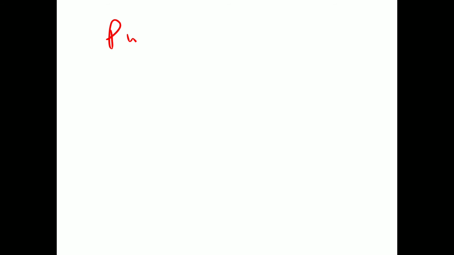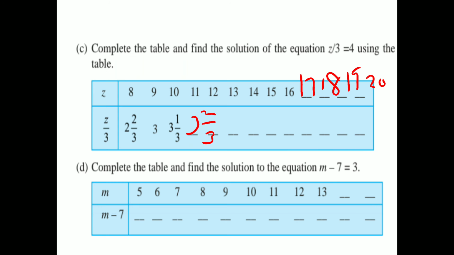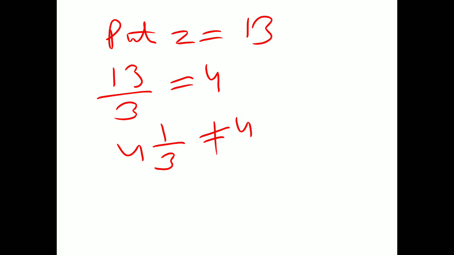Now we put z is equals to 13. So 13 divided by 3, it should be equals to 4. So divide them. Are they equals to 4? No. Now next time the question is put value 14.